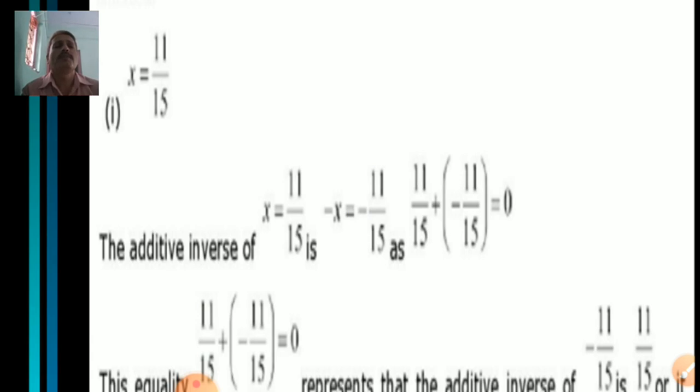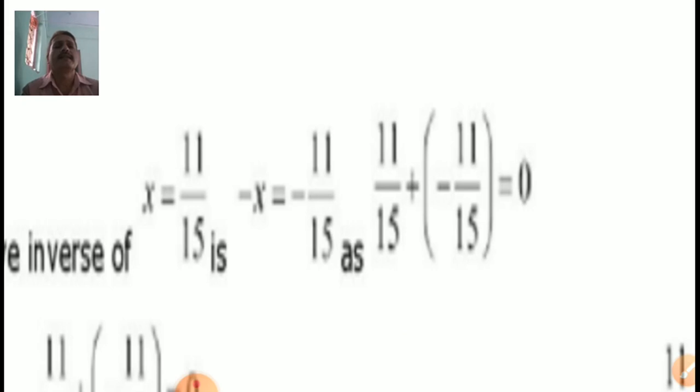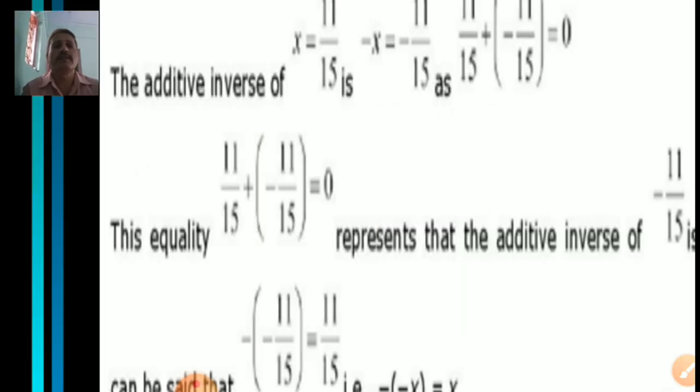So 11 upon 15, that means multiply with the minus sign again. So on the left side, as I said, x is equal to 11 upon 15, and 11 upon 15 plus minus 11 upon 15 gives us 0. Isn't it? Additive inverse. We just completed this topic, additive inverse.